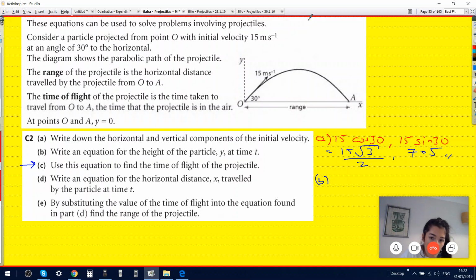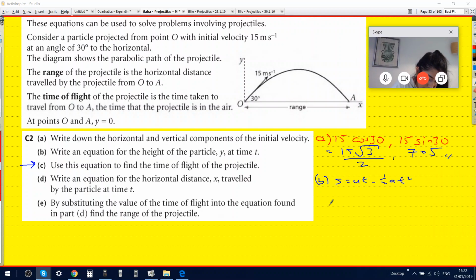So 15 sine 30 t. Which equation are you using? The ut minus half at squared one. So 15 sine 30 t minus 4.9 t squared equals 0.